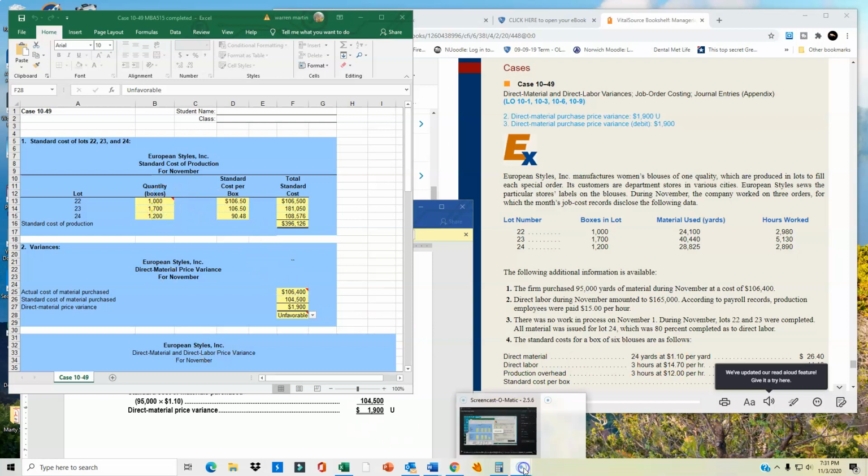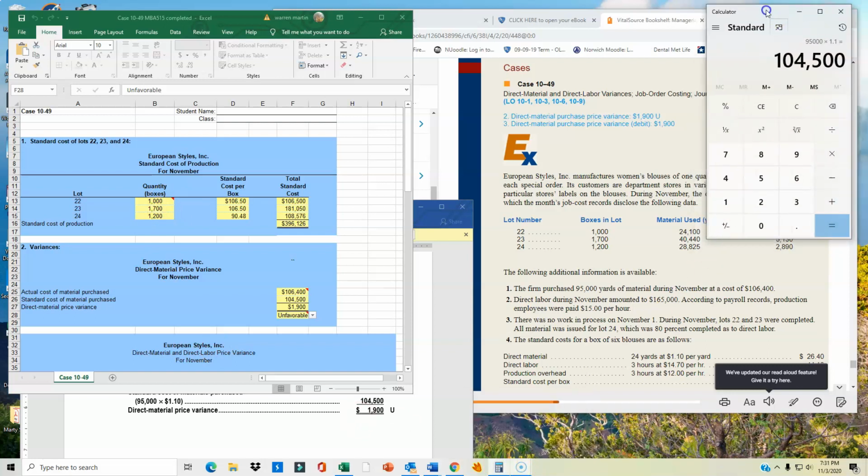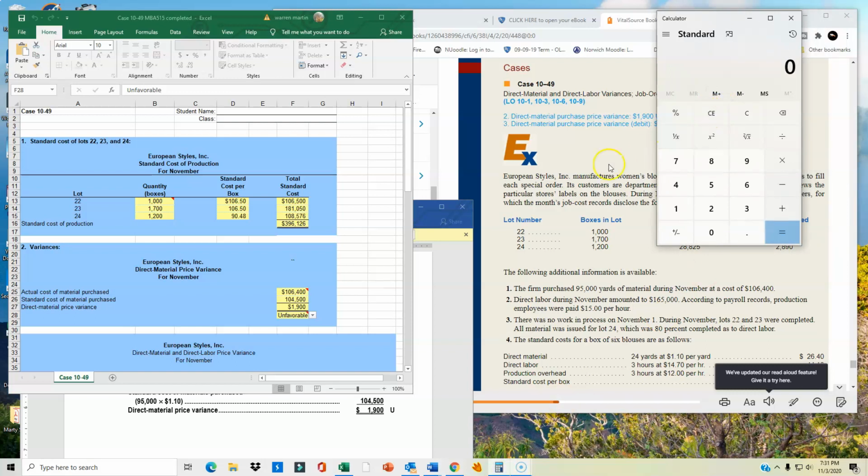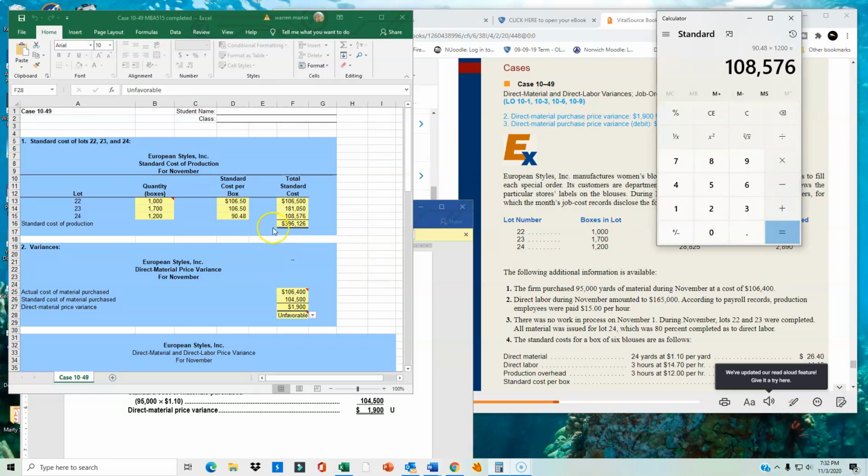For example, here, there's my calculator, I cleared it out. This one is 90.48, and we multiply that by the 1,200 boxes, which gives us 108,575. Then we just total those 3 columns up.